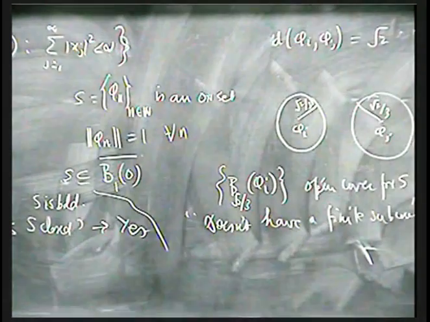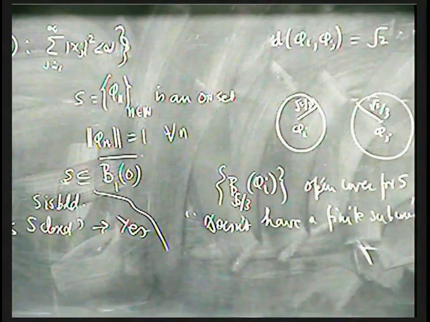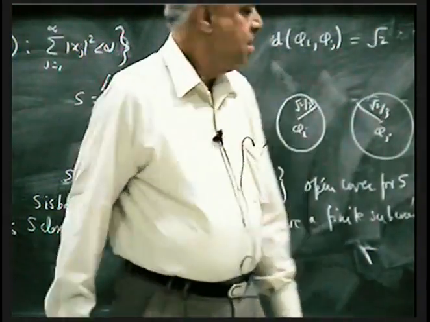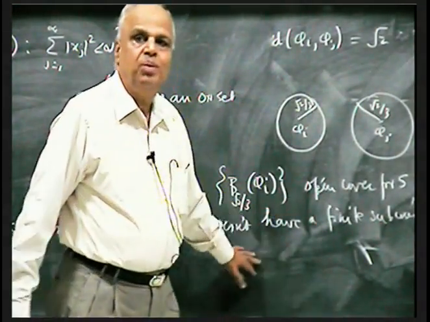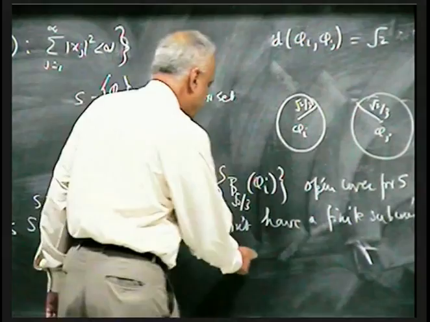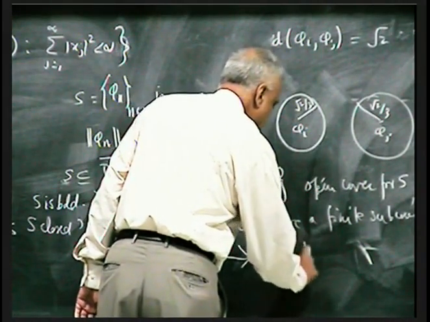In the real line and Rn, the moment you have closed and bounded, every open cover will have a finite subcover. That is, the moment you have closed and bounded, you will have compactness. But here, I have closed and bounded, but I don't have compactness. So S is not compact.